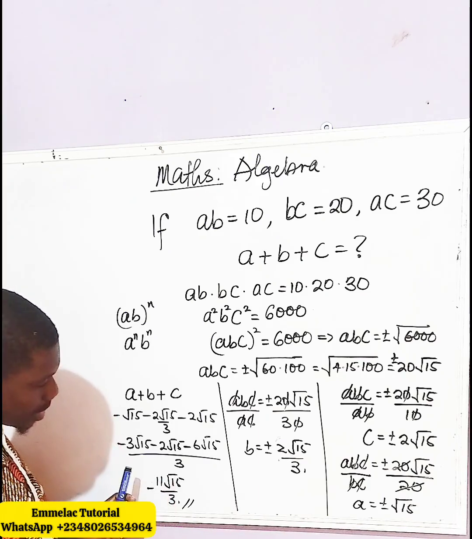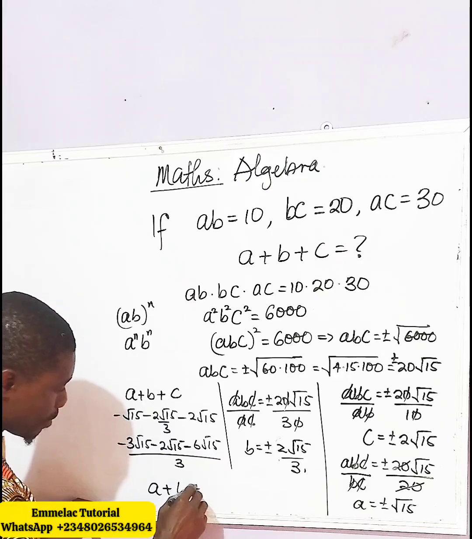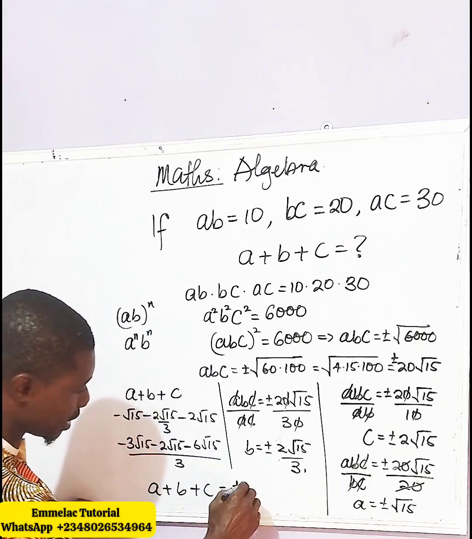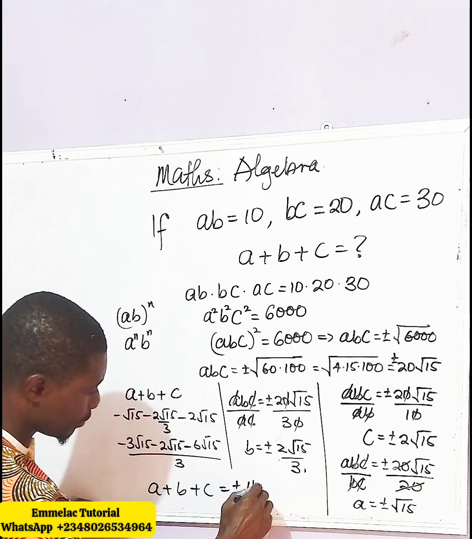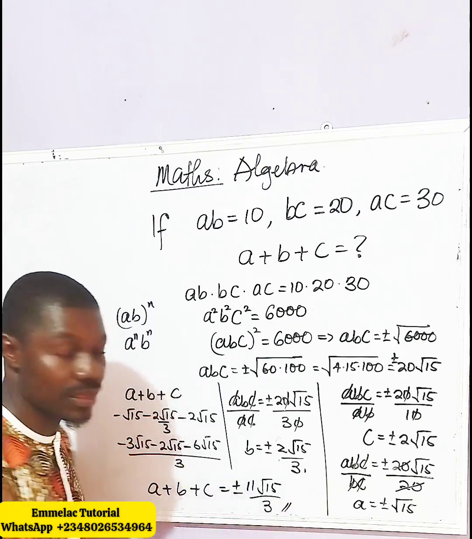Okay, so however, A plus B plus C will not give us plus or minus 11 root 15 all over 3 as the final answer.